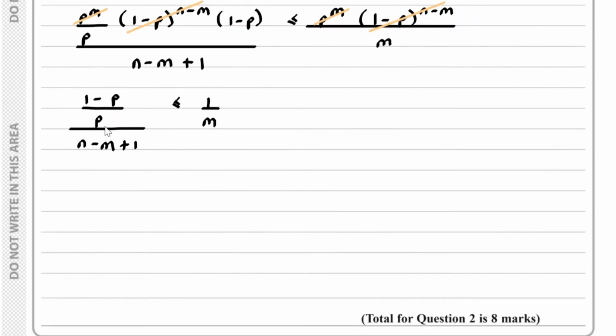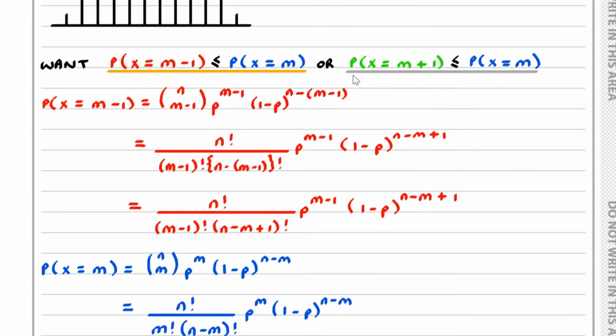And so, if we multiply through by p, what we have then is 1 minus p over n minus m plus 1 being less than or equal to p over m. Now we'll call this 1 for a moment. Now let's consider this condition.